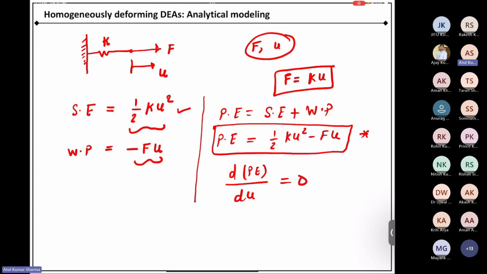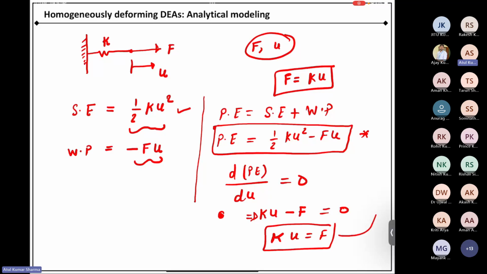If you take the derivative with respect to u, that will be ku minus F. We put it equal to 0, so from here you find that ku is equal to F.